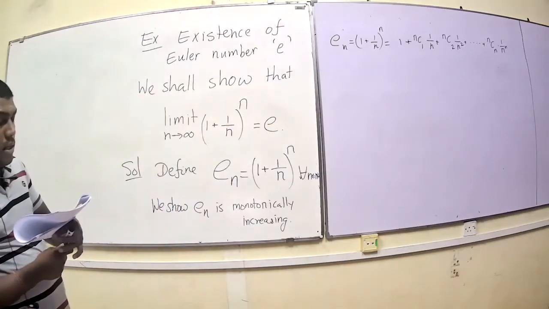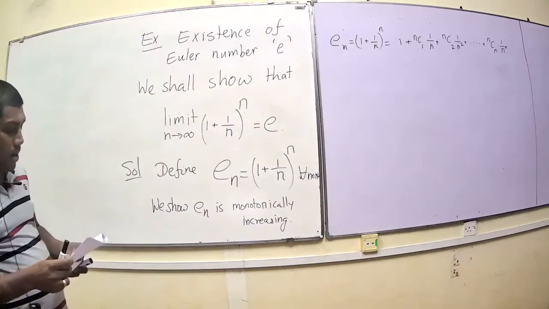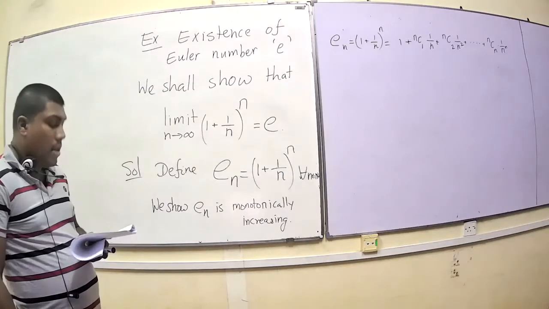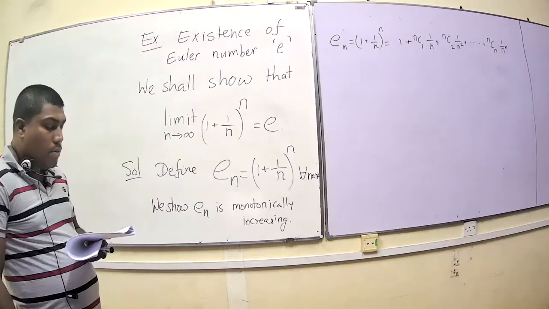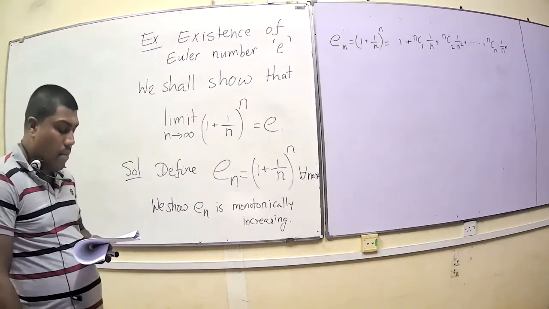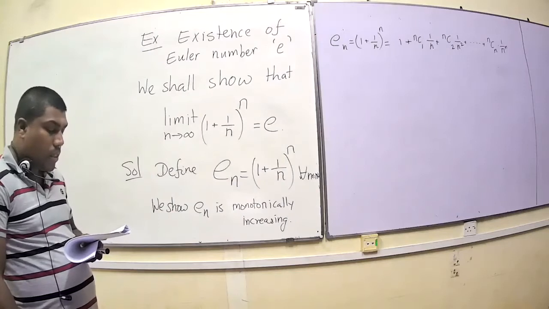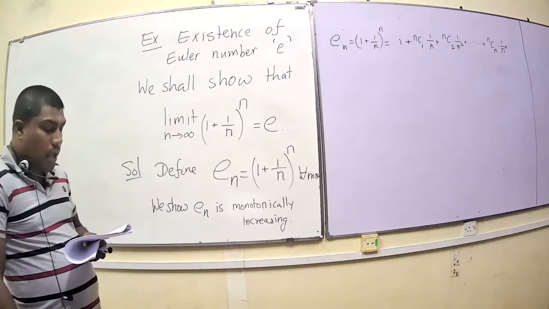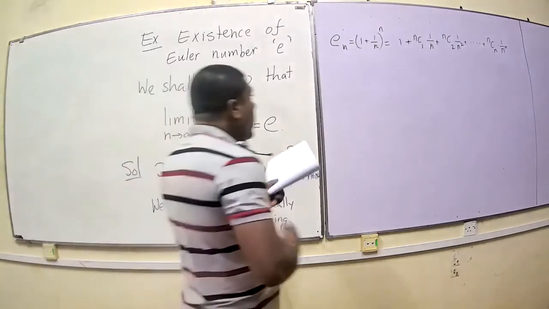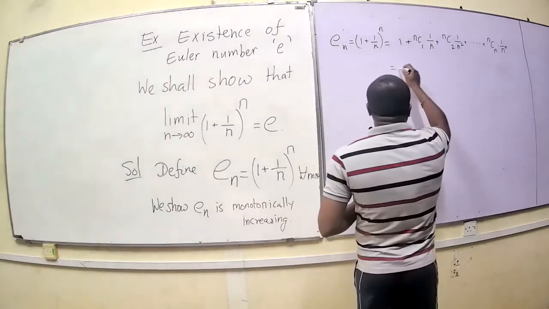Right? So nC0 is 1, and nC1 is n, and nC2, and so on up to nCn, times 1 upon n^n. Then you can write it down.